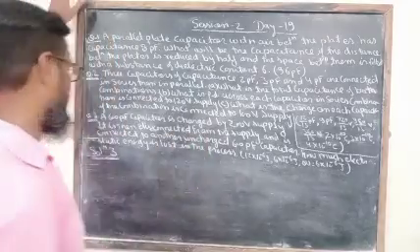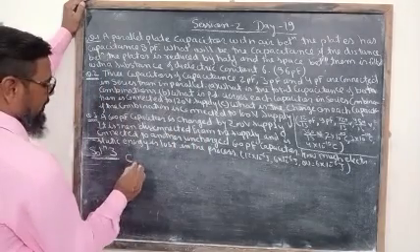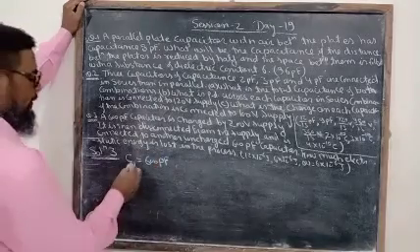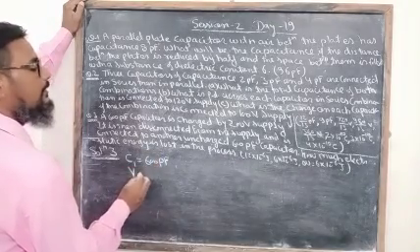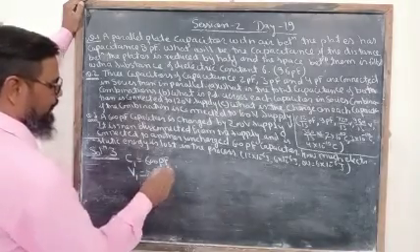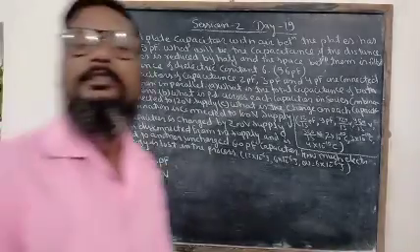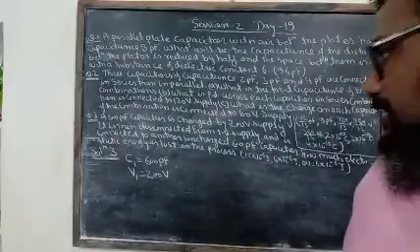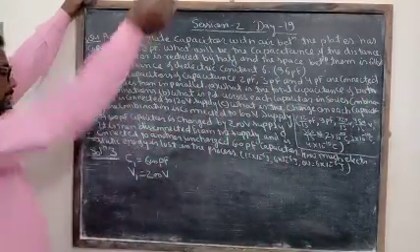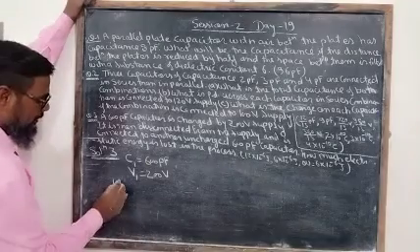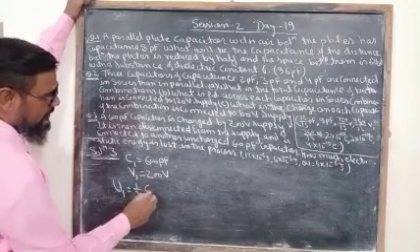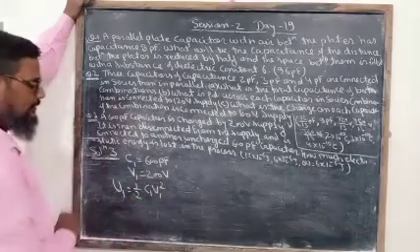So first of all, C1 is given to us as 600 picofarad and the supply given to us is V1 is equal to 200 volt. Now we shall calculate the initial electrostatic energy of the capacitor. U1 is equal to half C1 V1 square.